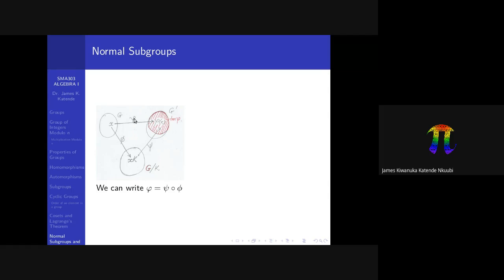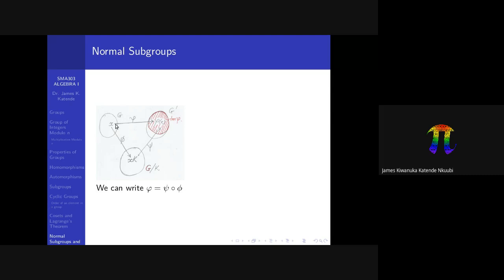That's what the theorem says. So if you use this as our diagram, then we can factor this map into the image, this psi composed with phi. This phi is the canonical epimorphism.